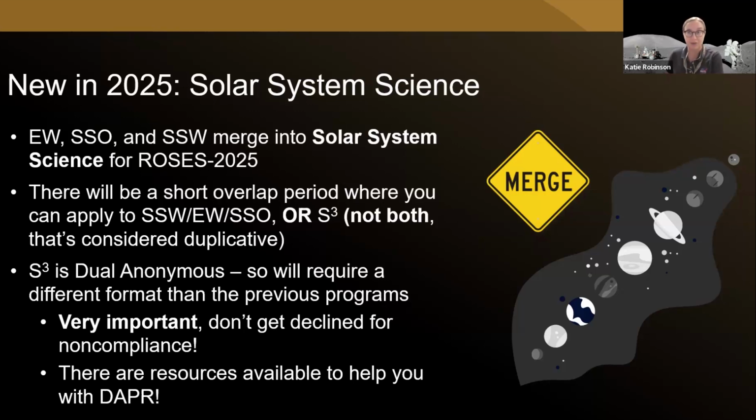But this will require you to write your proposals in a different format than you would have necessarily used for EW or SSW. That's super important. You have to write in an anonymized fashion. Again, I'll talk more about that later. But it's really important to keep that in mind because proposals can and will be declined for non-compliance. We have resources available that I'm going to link to in this talk that will help you prepare proposals for dual anonymous peer review.